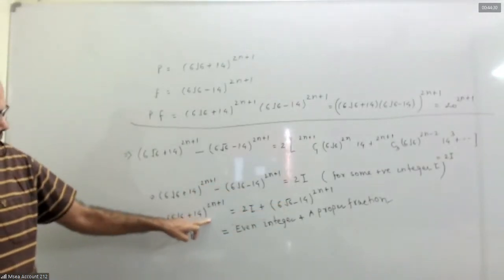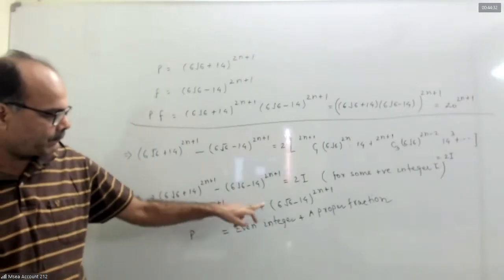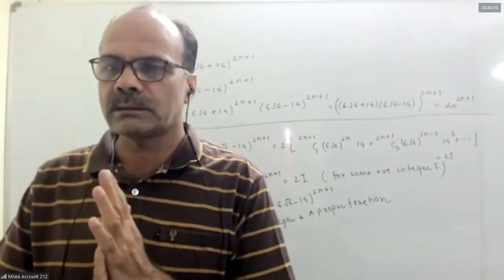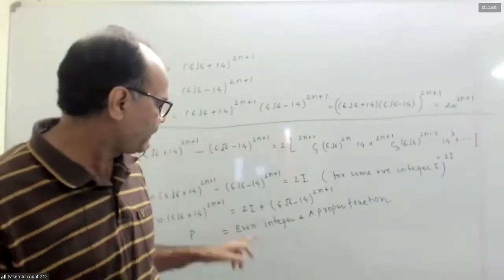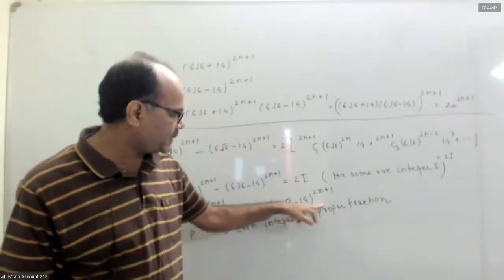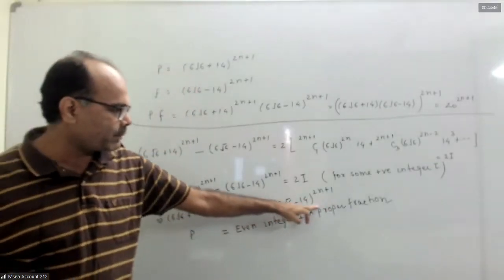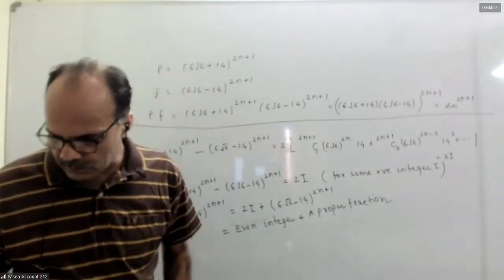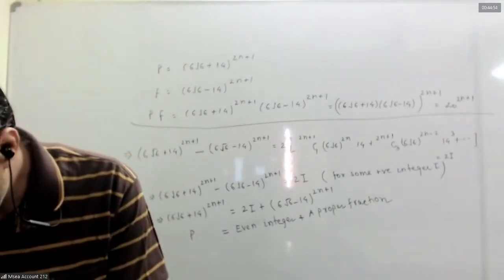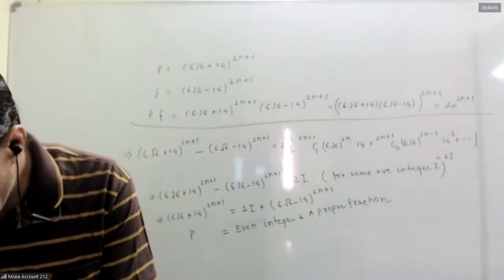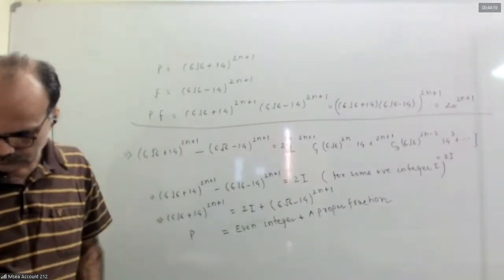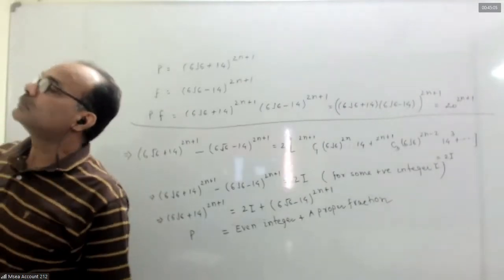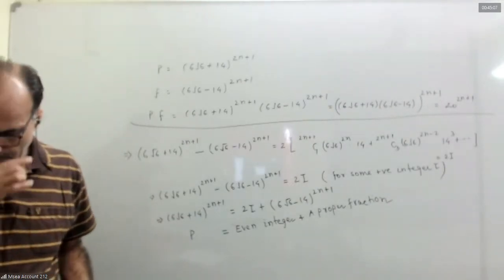So we are able to write P as some even integer plus some proper fraction. So this is small f of P, the fractional part of P. P into F. So a similar question I am giving. Shall I rub it? Yes, sir.